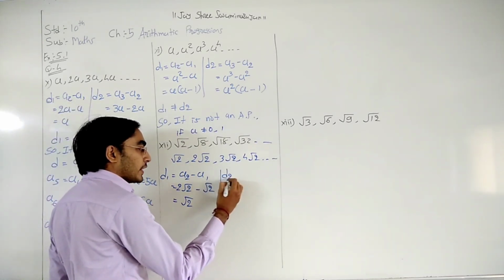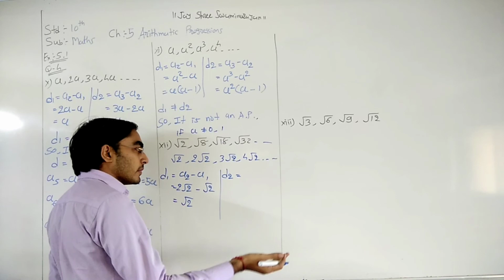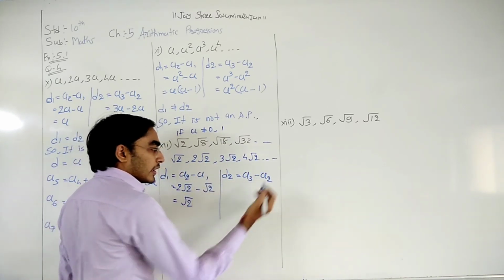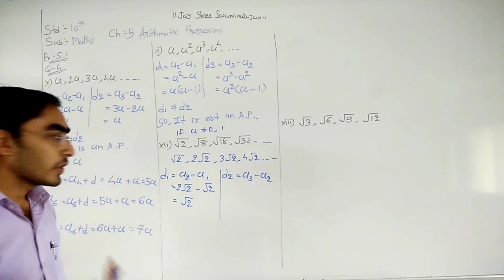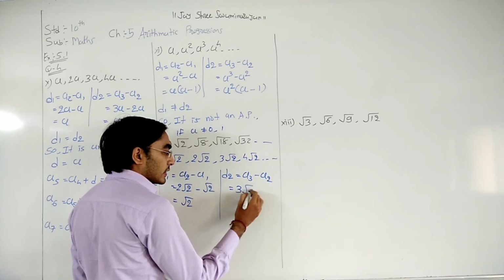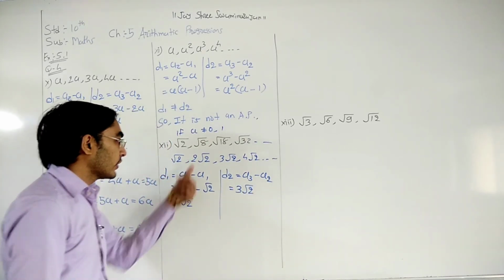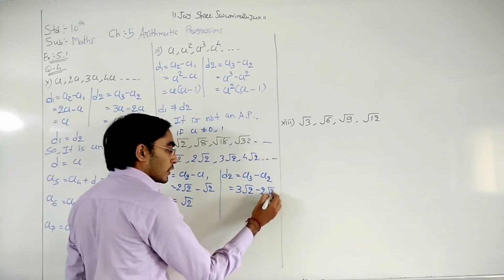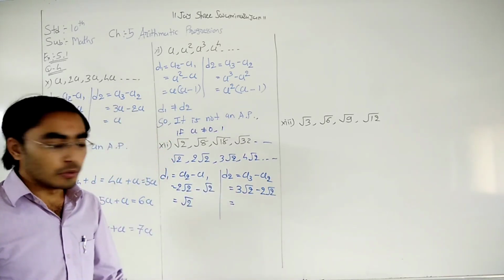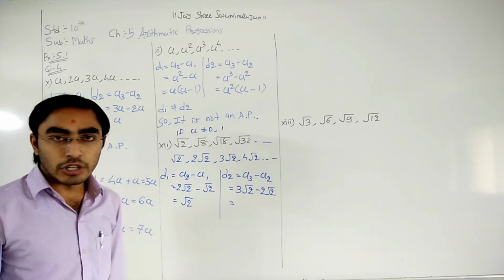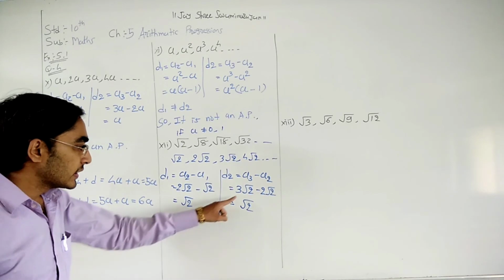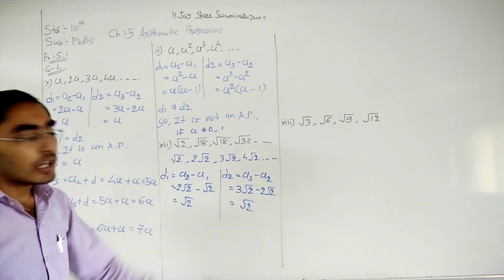After that we can find D2: third term minus second term, so A3 minus A2. Our third term is 3 under root 2 minus the second term 2 under root 2. So 3 times under root 2 minus 2 times under root 2 leaves 1 time under root 2.